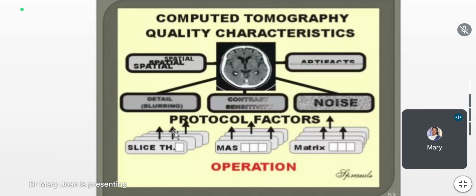And the noise, which is additional information embedded into the imaging system that will reduce the image quality. Here you can see that slice thickness, mAs, matrix, and all these operating parameters will affect the image quality characteristics.